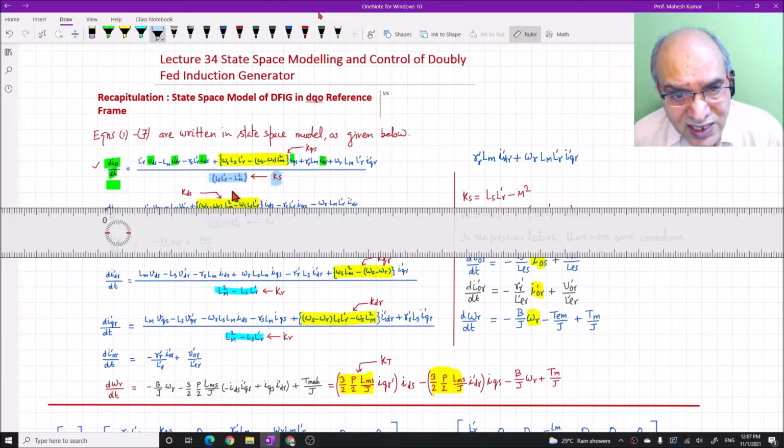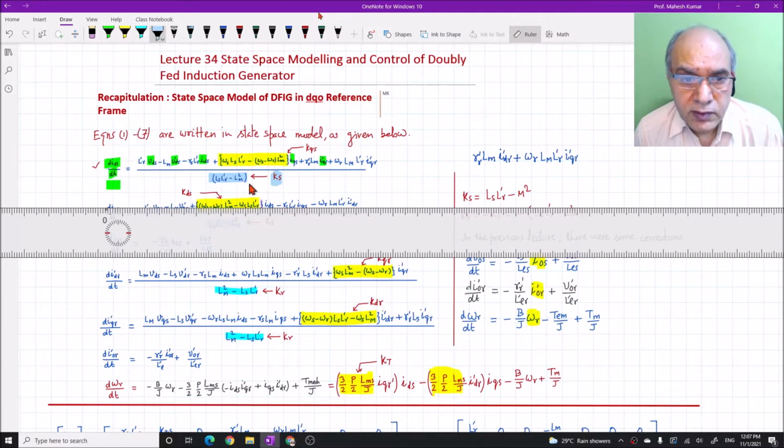Ks equals Ls Lr dash minus Lm square. Also this quantity, the yellow highlighted one, is Kqs, because this is the coefficient of iqs. So we will denote the coefficient of iqs as Kqs. Otherwise it's very difficult to write the matrix.